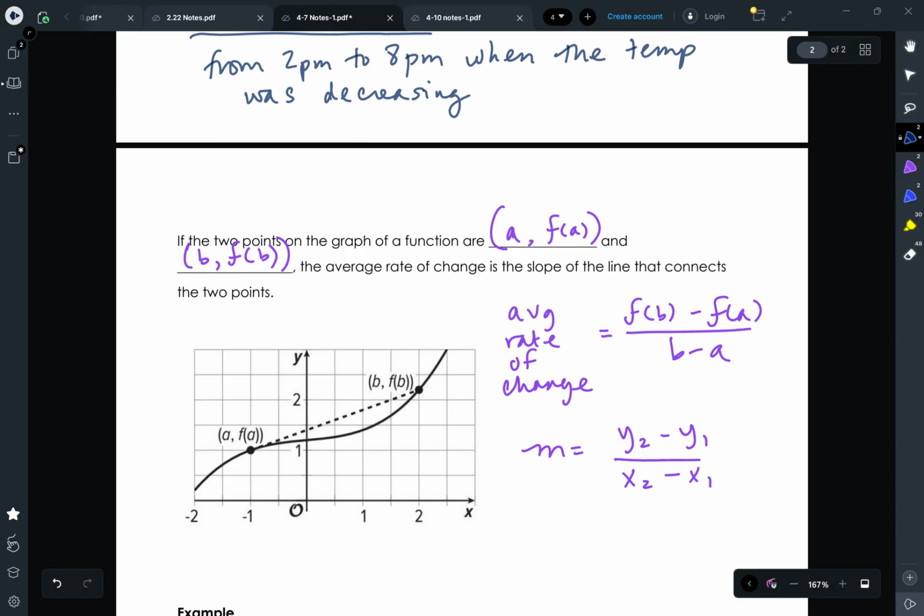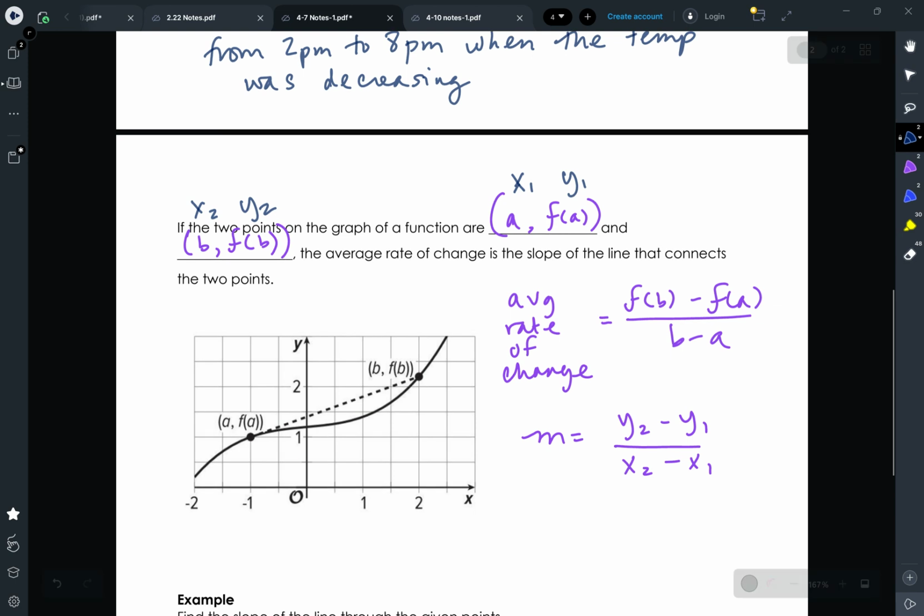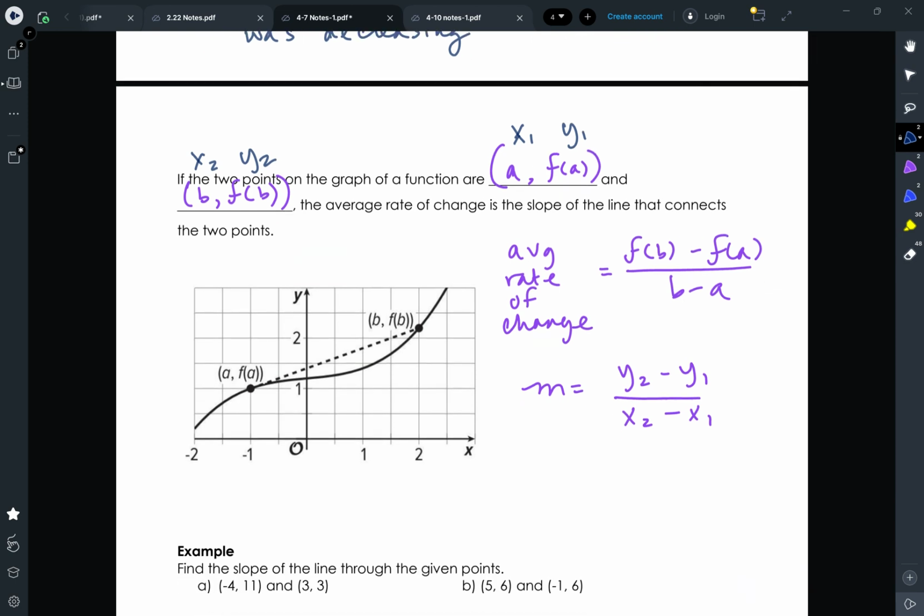So remember, a different way to write these is going to be x1, y1 and x2, y2. So if we have a positive slope, it means our graph is increasing, it's going up. If we have a negative slope, our graph is going down.